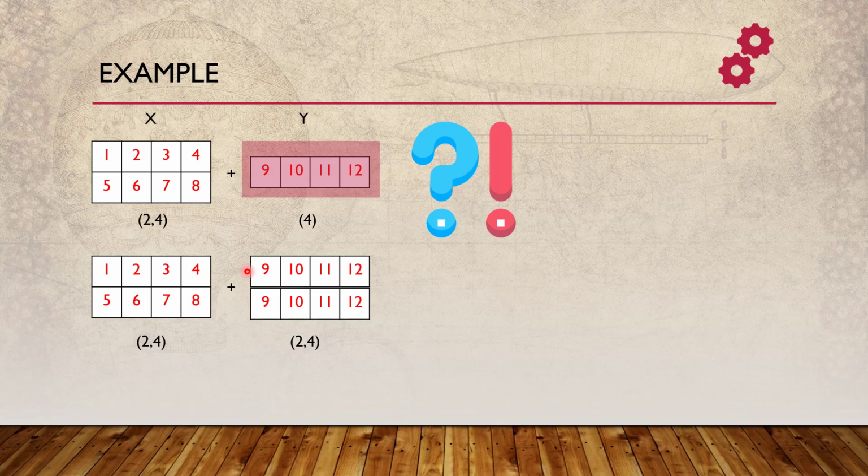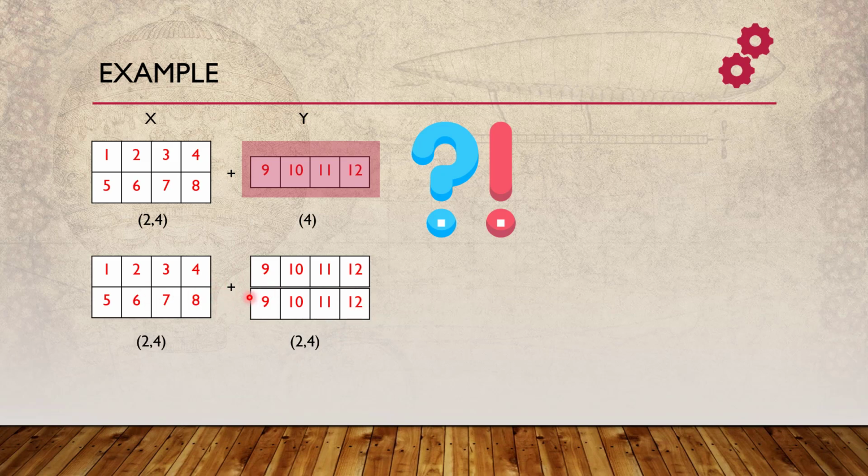In this way I am converting y from a vector to a matrix. This is what happens when we talk about broadcasting mechanisms on tensors. Now we can perform this addition on these two tensors.